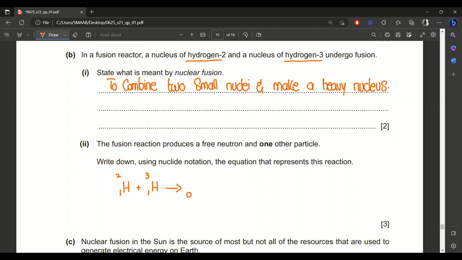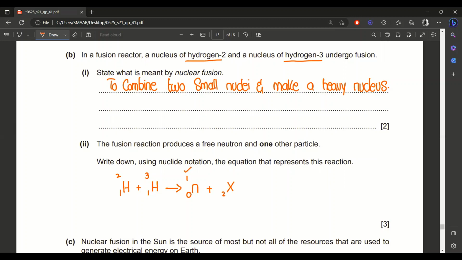For the neutron, we know that there will be zero protons and one neutron, plus one other particle that is unknown. You need to fill in the number of protons and nucleons for this particle. There are two protons for this particle, and one nucleon is already taken by the neutron.